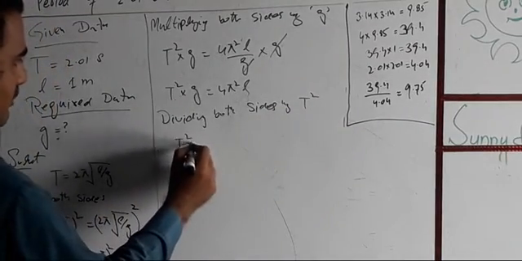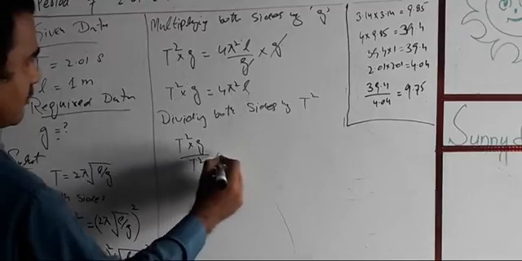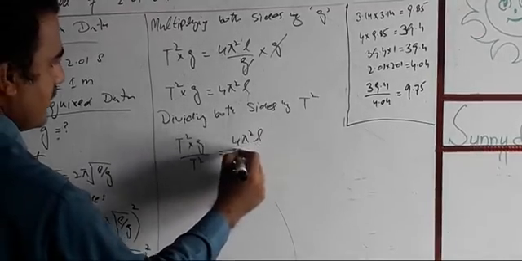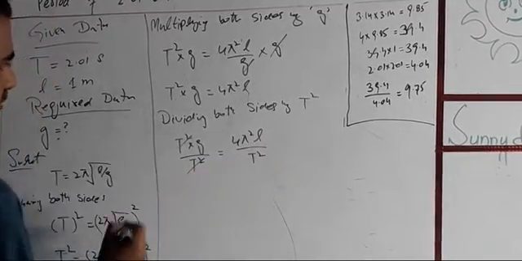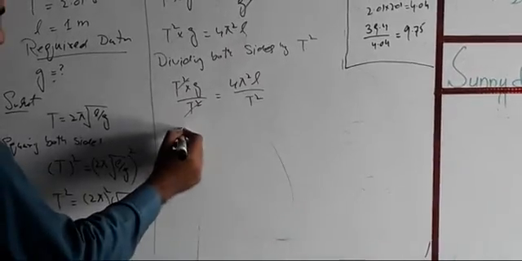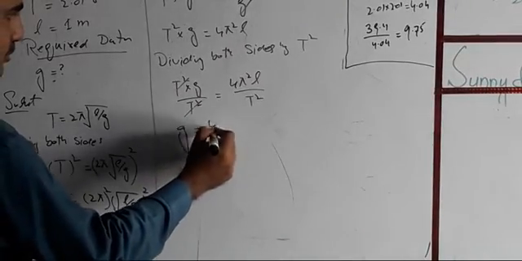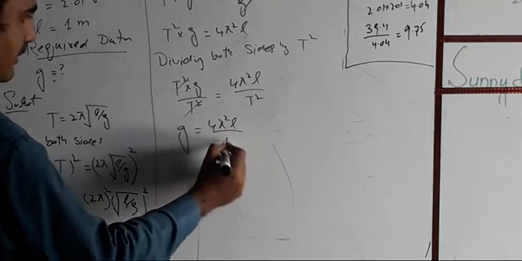So T square multiply g divided by T square equal to 4 pi square L divided by T square. T square cancels. Now the formula becomes g is equal to 4 pi square L divided by T square.